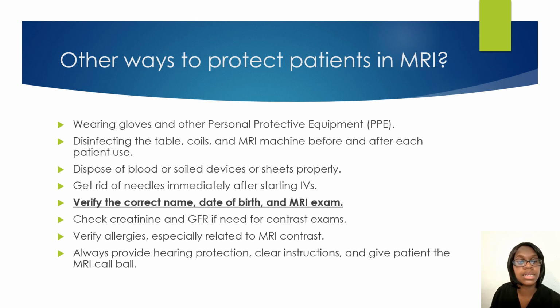Check the creatinine and the GFR if contrast is needed, especially if you work at a facility where you are still checking it. You want to make sure that you are verifying those allergies, especially whenever you are going over the MRI screening form. You can just ask them quickly so that you do not forget. Always provide hearing protection, clear instructions, and give the patient the MRI call ball.